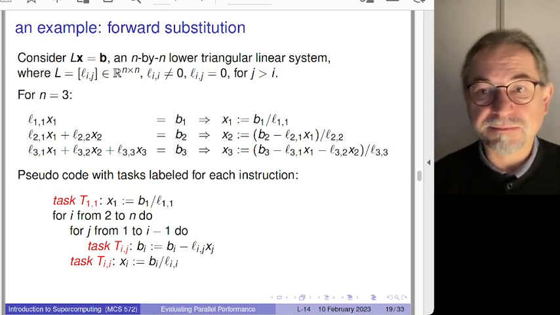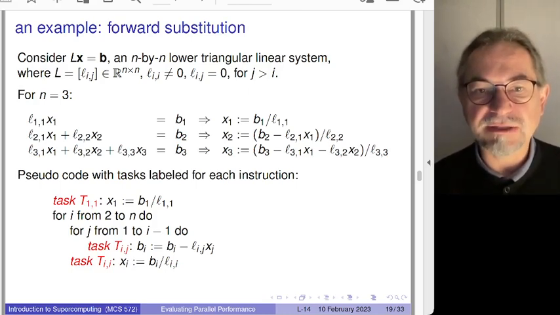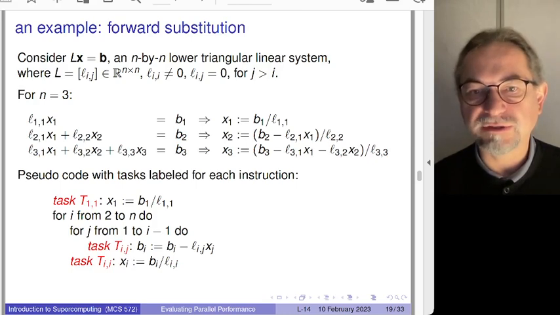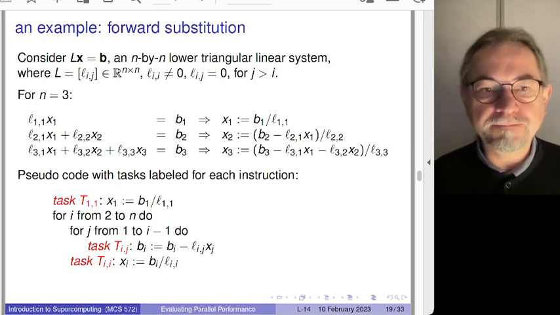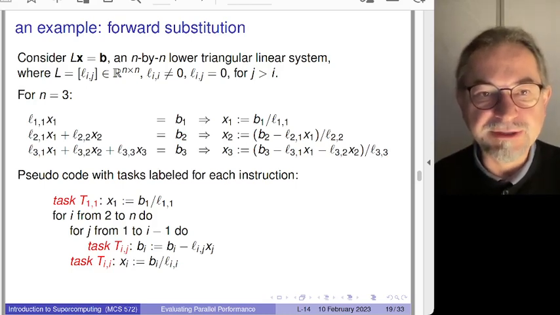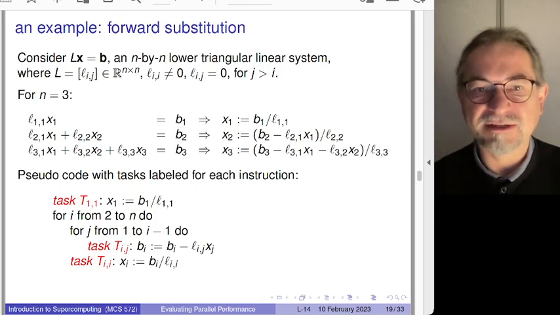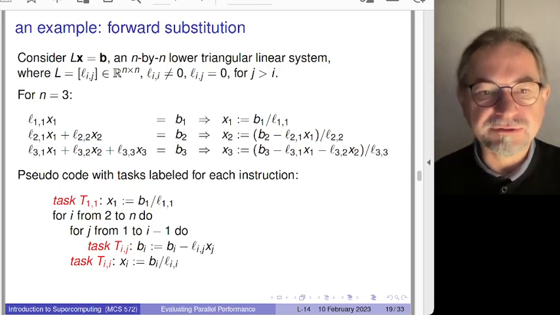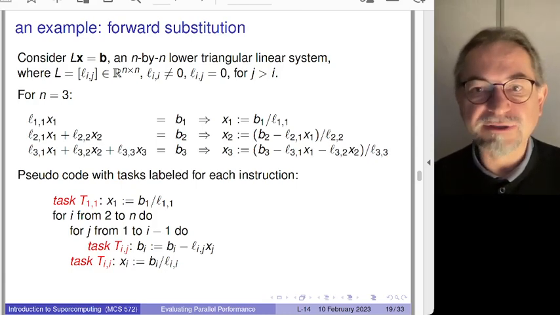Even for this example, you can do the update of the right-hand sides B2 and B3 simultaneously. So the algorithm for 3, if you understand it for 3, you can start writing the algorithm in greater generality.